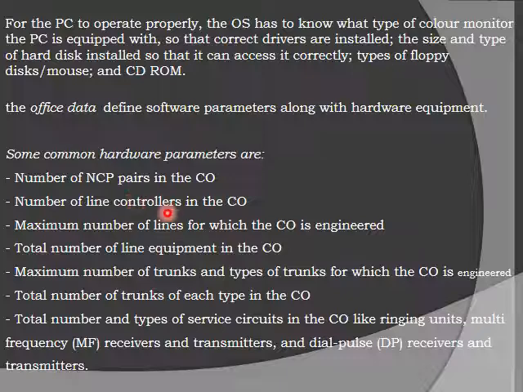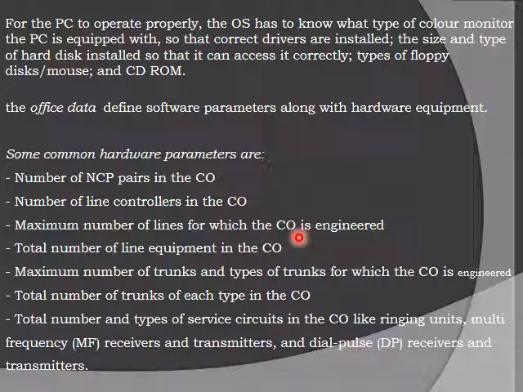Number of line controllers in common office, how many line controllers are there, line modules are there, okay, interface controllers are there, maximum number of lines for which COE is designed.